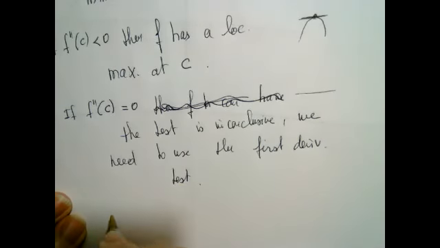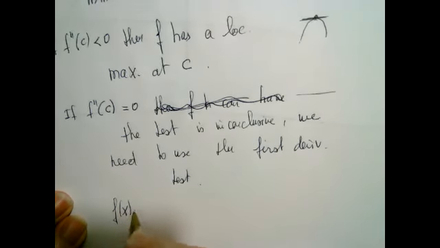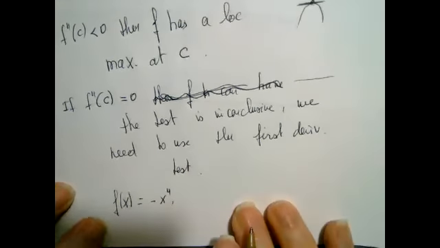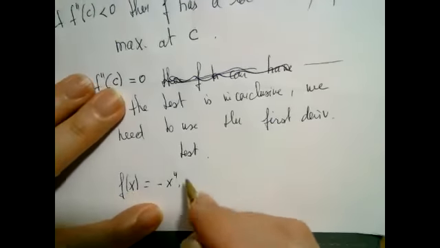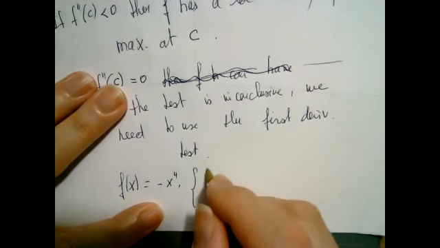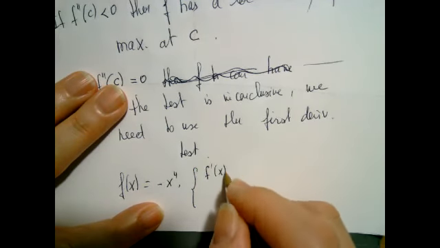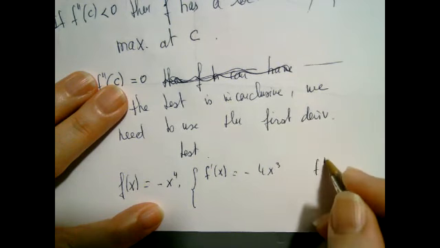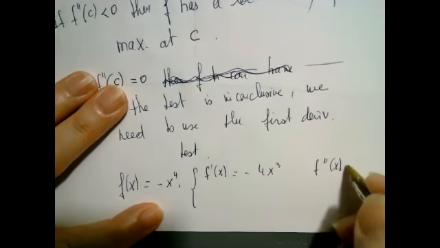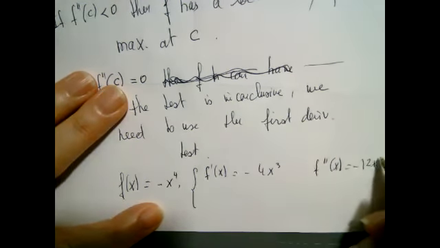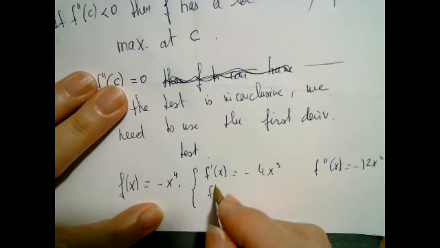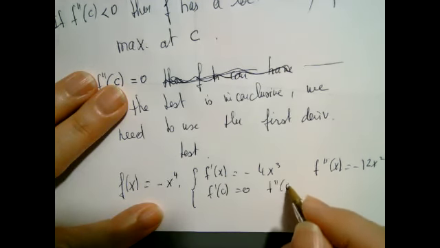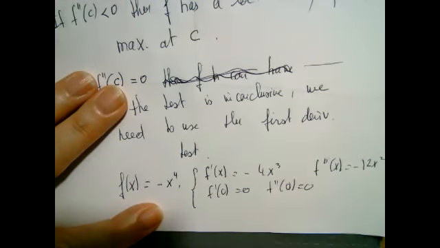Let's use f of x equals negative x to the 4. Okay. Watch this function. First, f prime is minus 4x cubed, f double prime is minus 12x squared, f prime at 0 is 0, f double prime at 0 is 0.